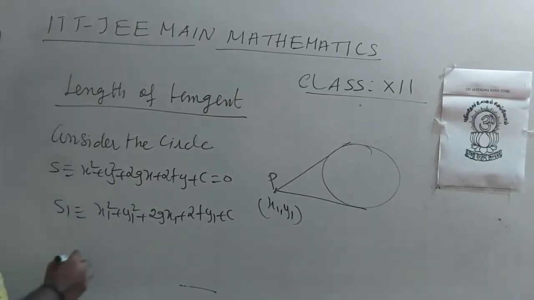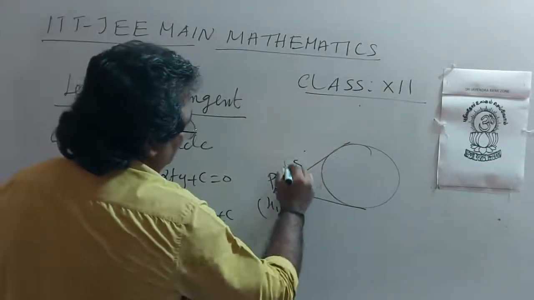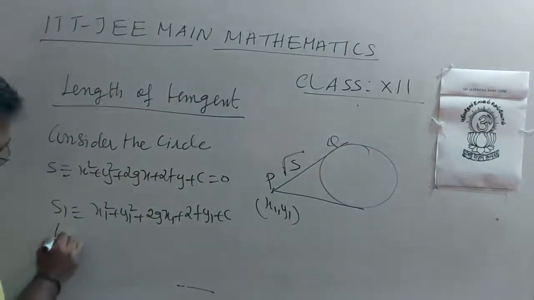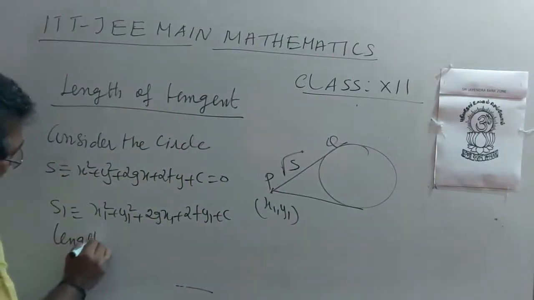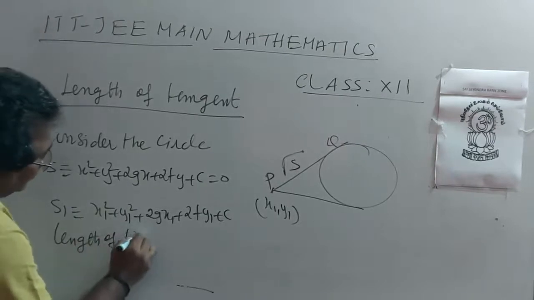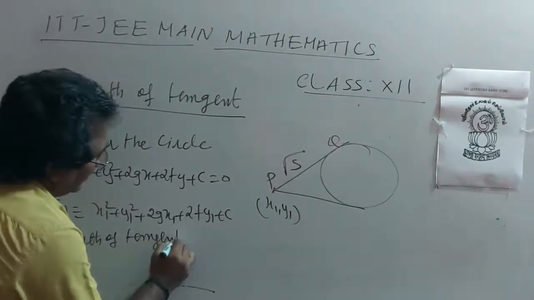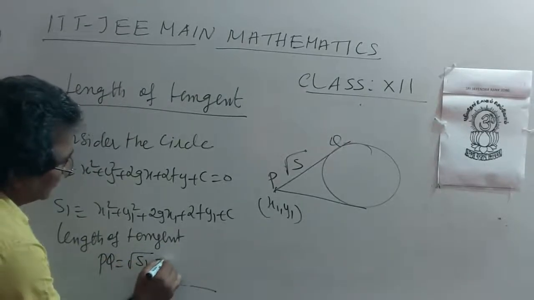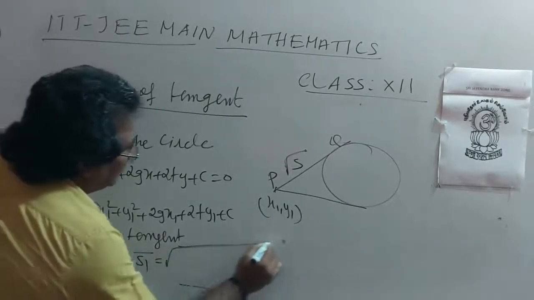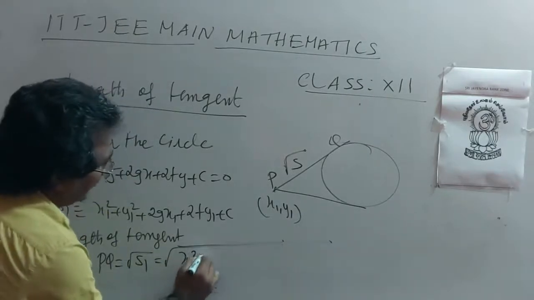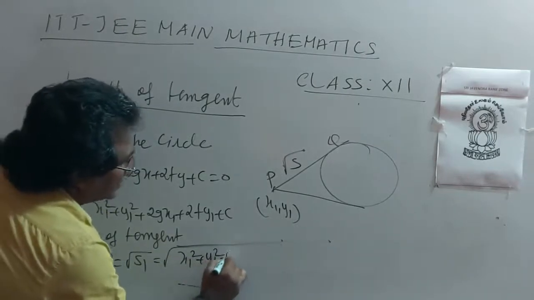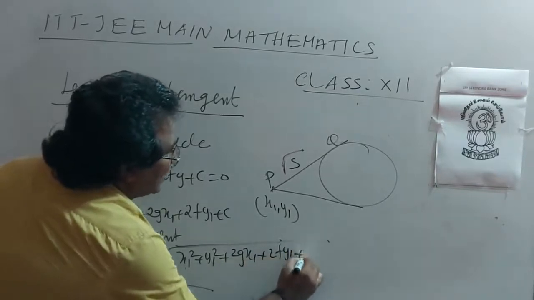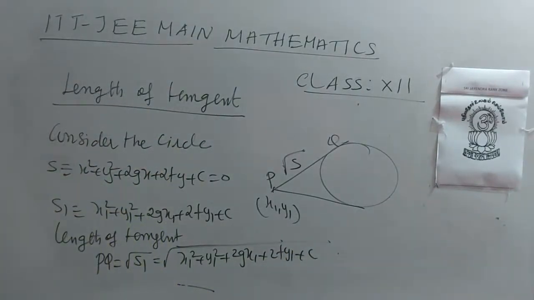So PQ equal to root S1, that is root of x1 square plus y1 square plus 2g x1 plus 2f y1 plus c.